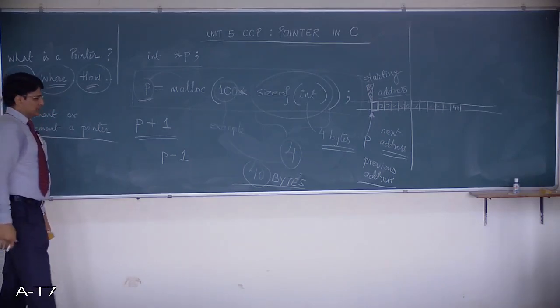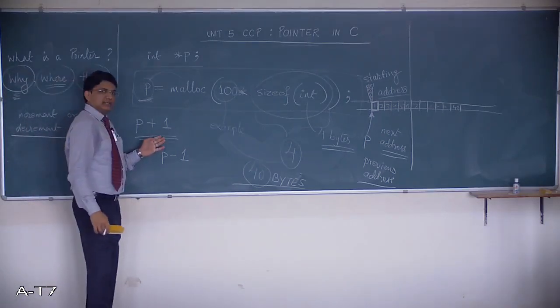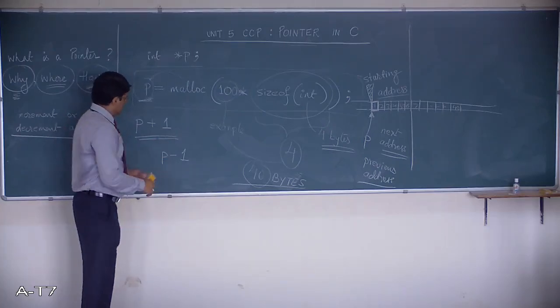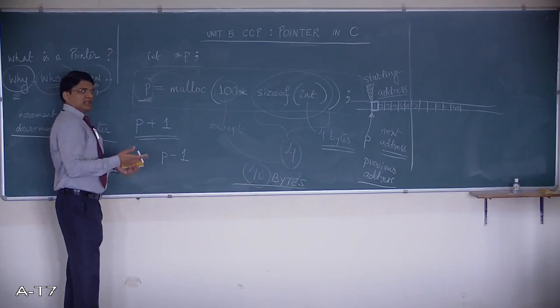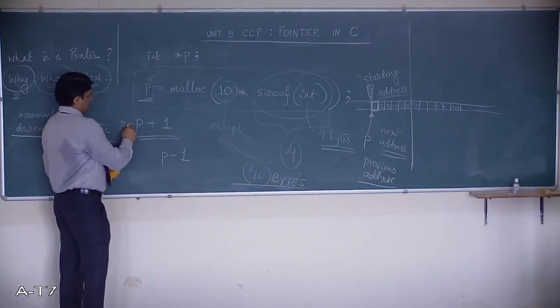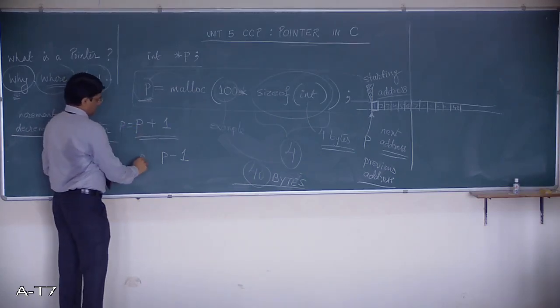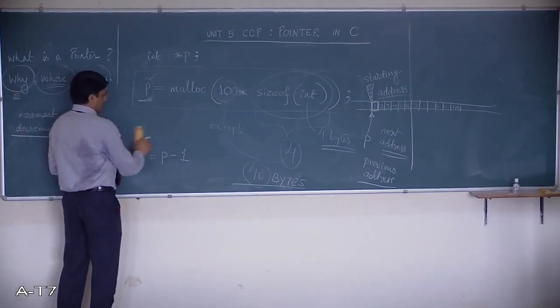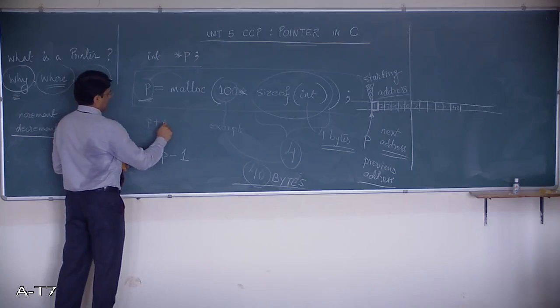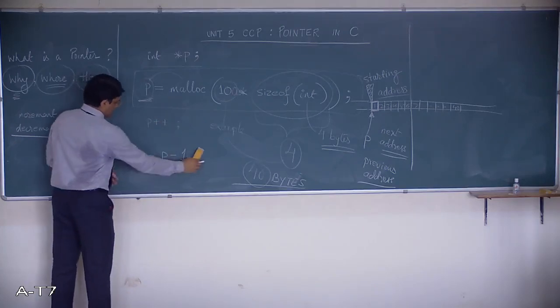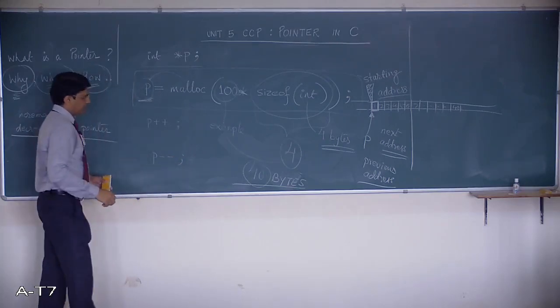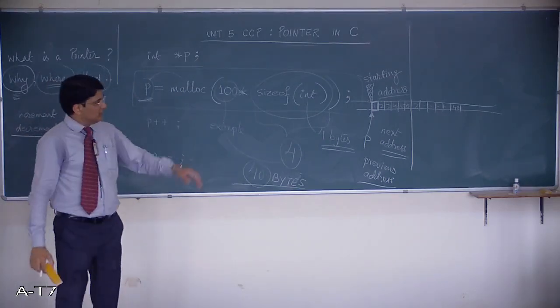So that's how you are playing with the memory addresses by using this simple pointer arithmetic, plus plus or minus minus. Of course, P is assigned P plus 1 or P is assigned P minus 1. This statement you already know can be written like P plus plus, or this statement can be written as P minus minus.